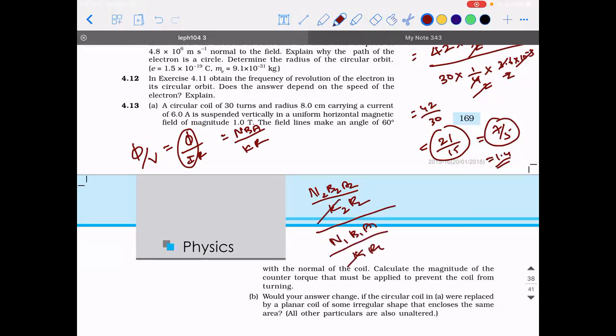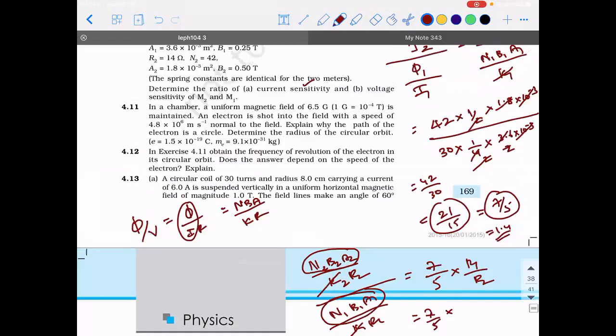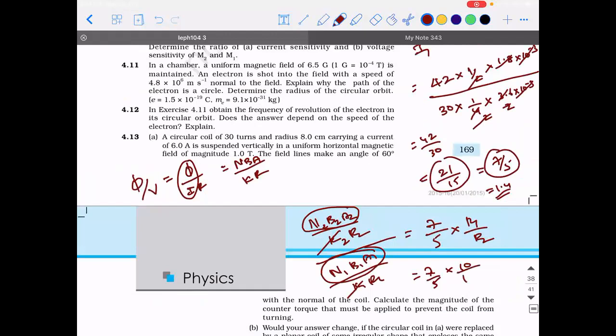K1 and K2 are the same. N2 B2 A2 divided by N1 B1 A1 came out to be 7 by 5, into R1 by R2. What is R1? R1 is 10, R2 is 14. So it will still be 7 by 5. So the voltage sensitivity is still going to be the same as that of current sensitivity. Correct?